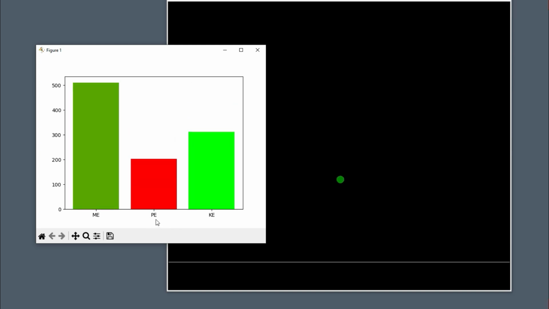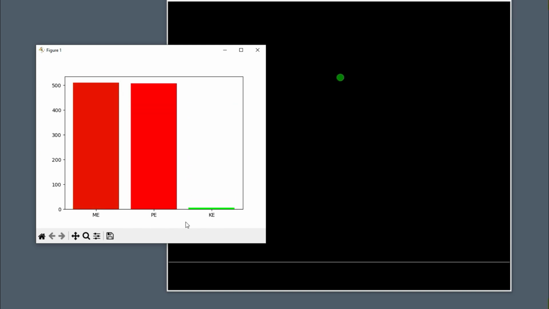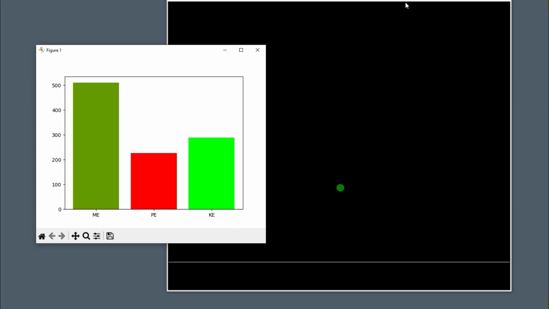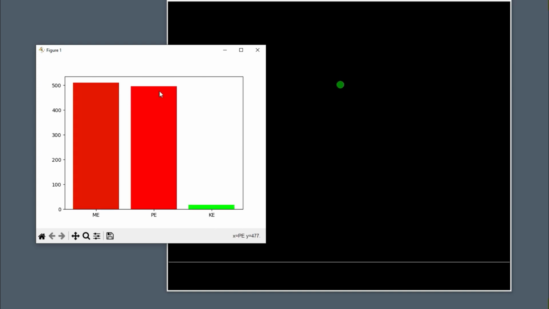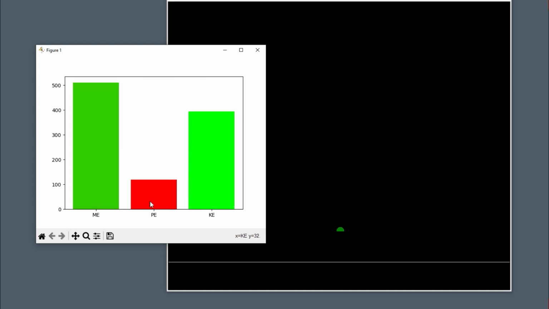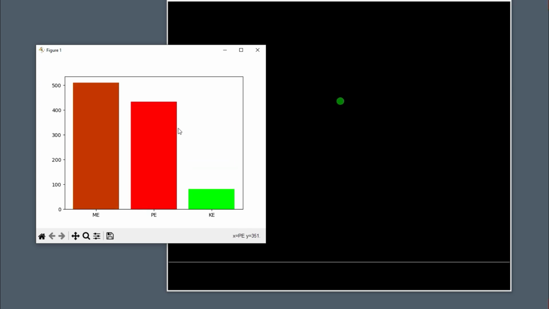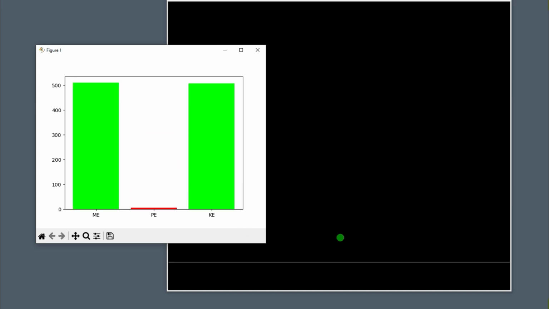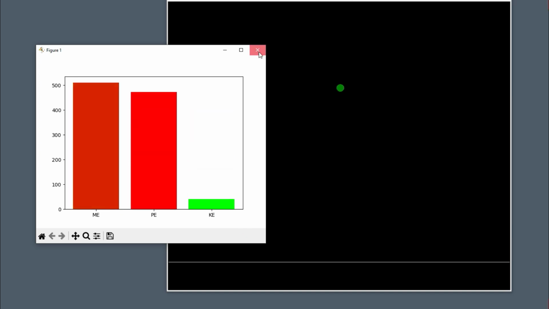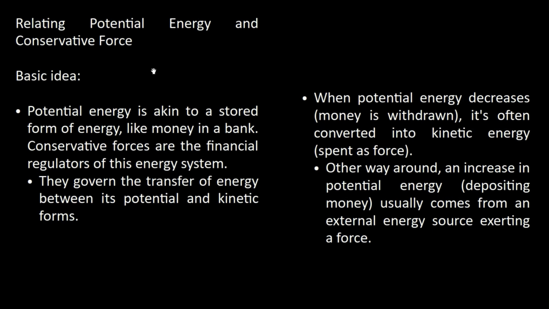Please take a second. This is potential energy and this is kinetic energy. See how if one of them decreases, the other increases. We'll understand this in detail, but can you see that? This exchange, how one being changed affects the other, this relationship is governed by your conservative force, as simple as that.